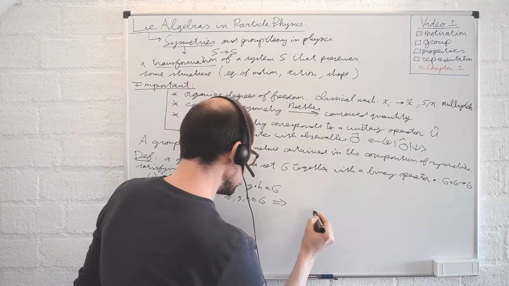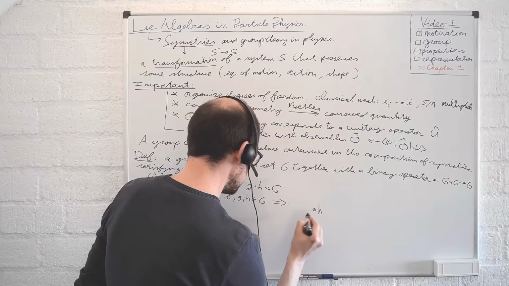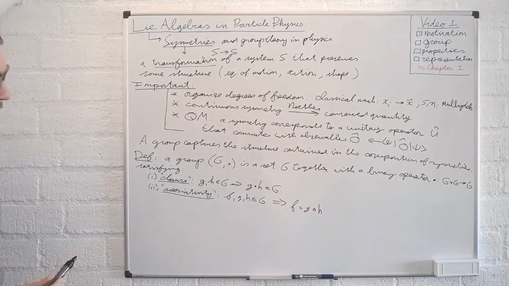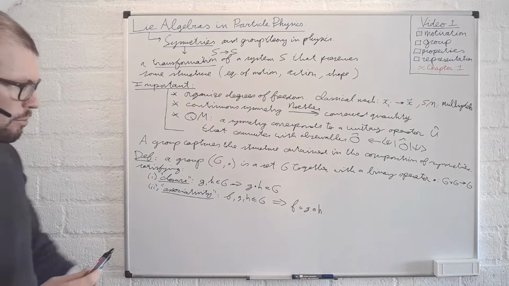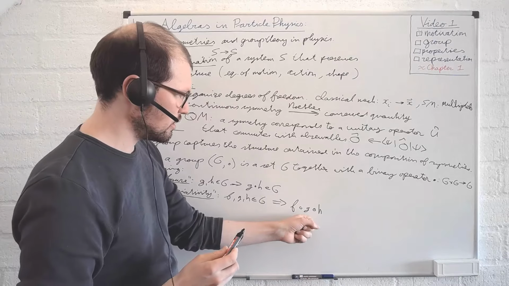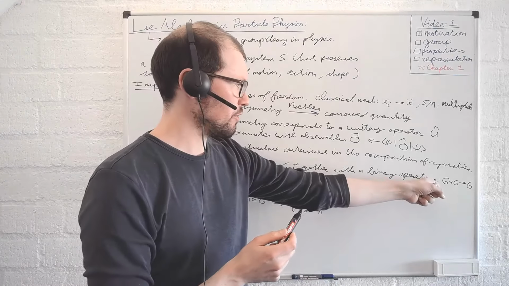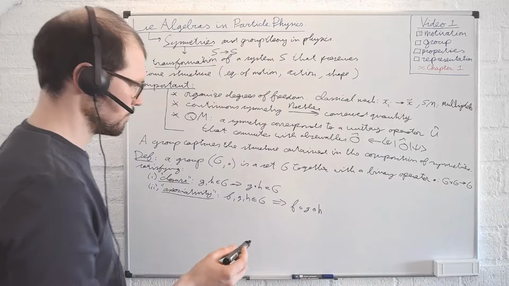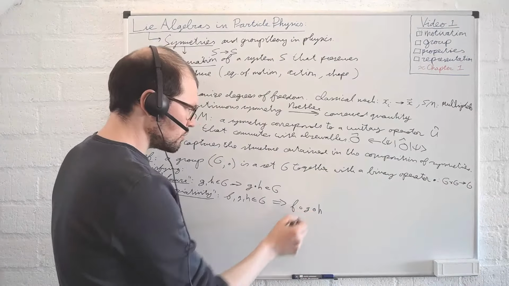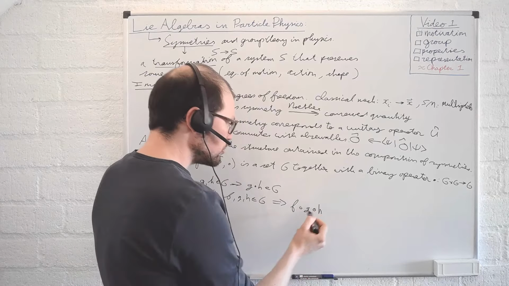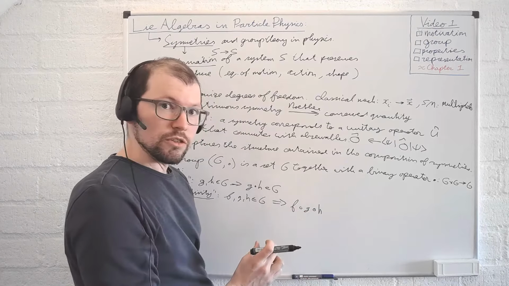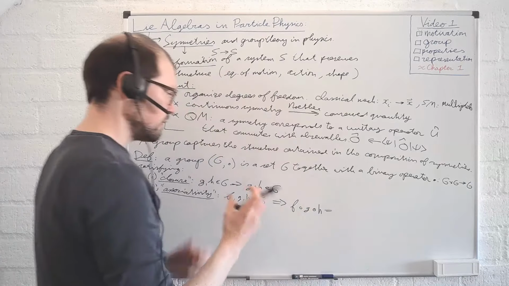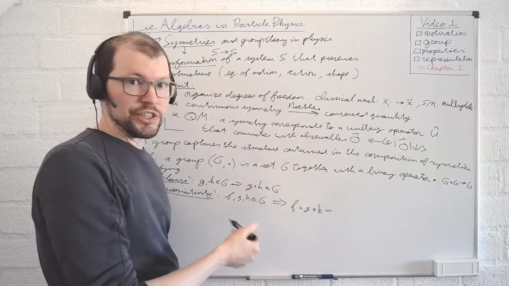I want to compose like first doing H, then doing G, and then doing F. But this is not necessarily a well-defined operation because I only have this binary operation, which takes 2 elements and then assigns a third one. So to make this a well-defined operation, I have to choose which composition to do first. There are really 2 options here, and associativity is requiring that these 2 options give the same answer.